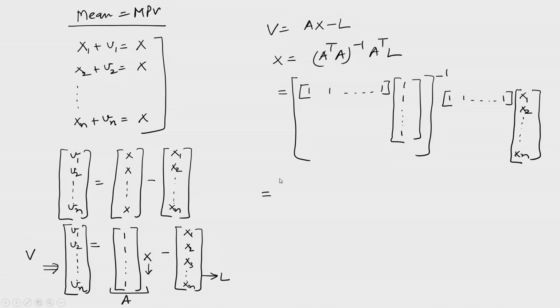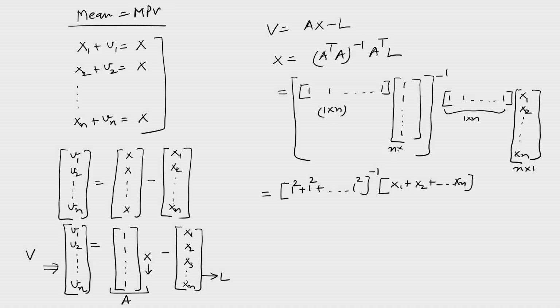If I multiply these two matrices, I will get one value here, 1 square plus 1 square plus 1 square, and inverse of the whole matrix. Then if I multiply these two matrices here, I will get x1 plus x2 plus xn. Remember, this is a 1 by n matrix, this is an n by 1 matrix. Similarly, here it is a 1 by n matrix and it is an n by 1 matrix.